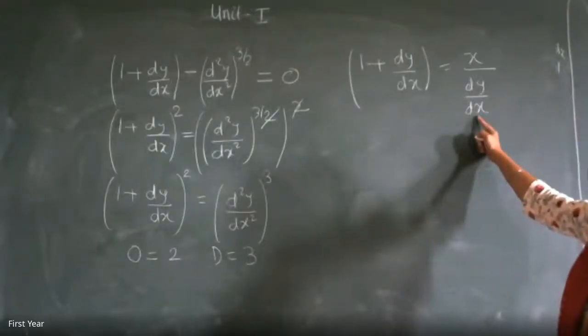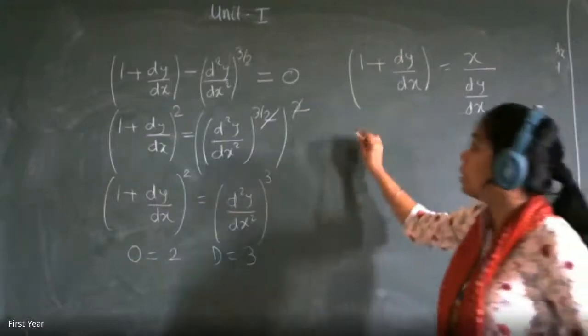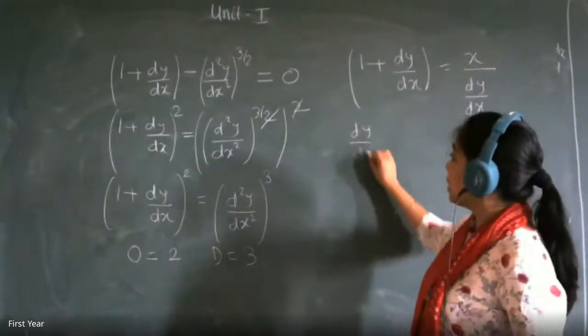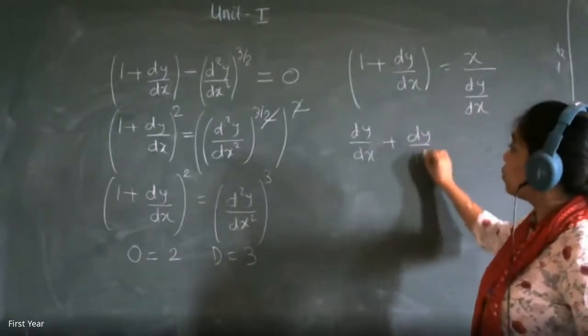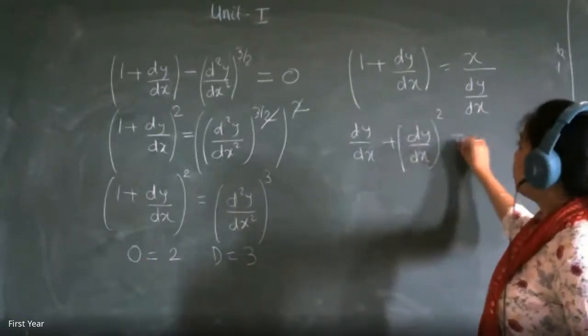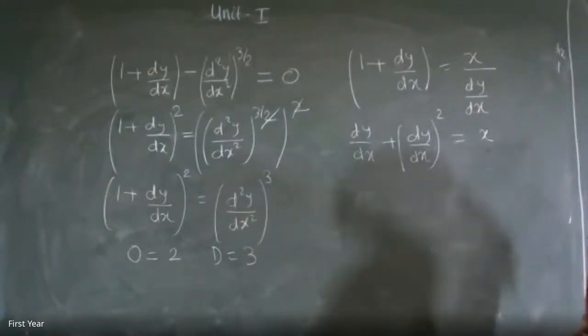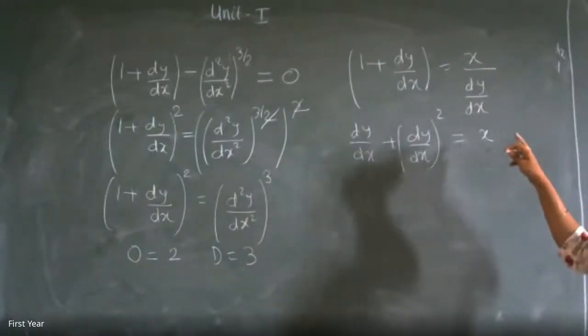You have dy by dx here in the denominator. Remove the fractions. So dy by dx minus 1 is there, so you take it this side. So it will be dy by dx plus dy by dx into dy by dx, which is dy by dx the whole square. Are you getting it? Don't directly look at it and say that it is 1, 1. You have to write it in the proper format.